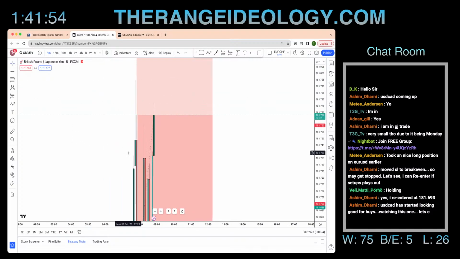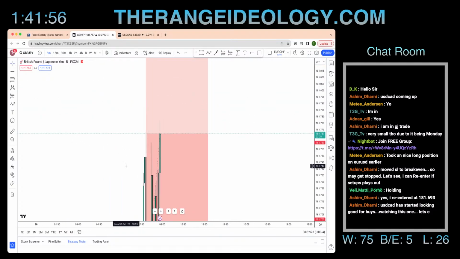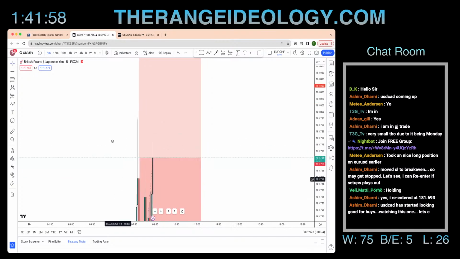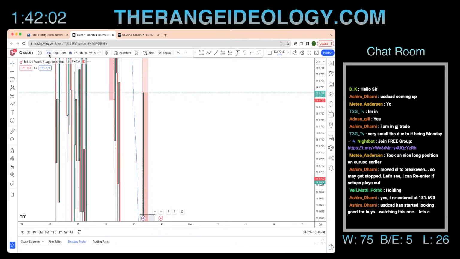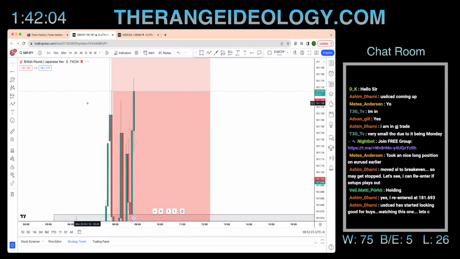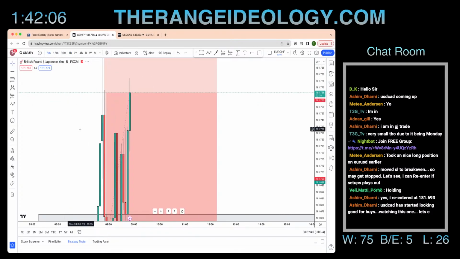Oh wow, look at that strong push now. Does it continue up or does it reverse here? Again, we do have the hour close coming up. But wow, look at a strong bullish push from GJ.